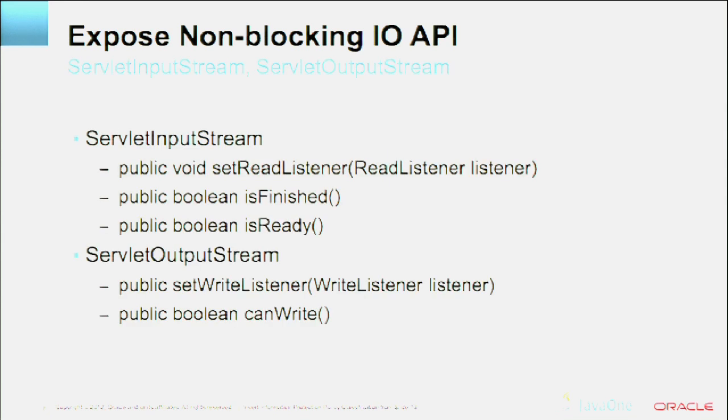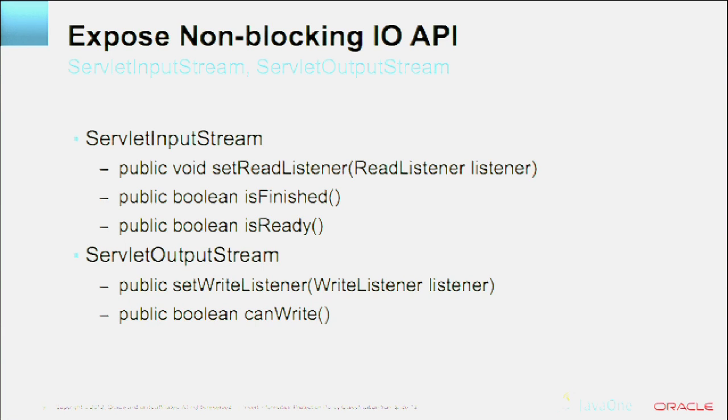Now, let's take a closer look at the changes in the server input stream and the output stream. For the server input stream, it associates with one listener at most. So that's why you have a set read listener API here. It means you have at most one.